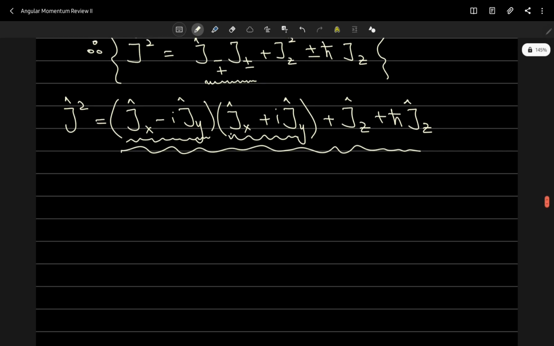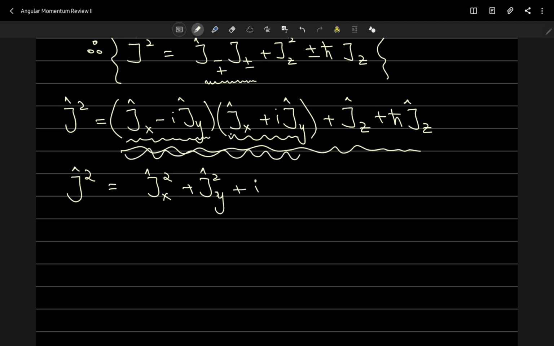In general we could write it as jx squared plus jy squared plus iota times iota h bar jz, plus h bar jz plus jz squared, right? All I'm doing is multiplying these two.